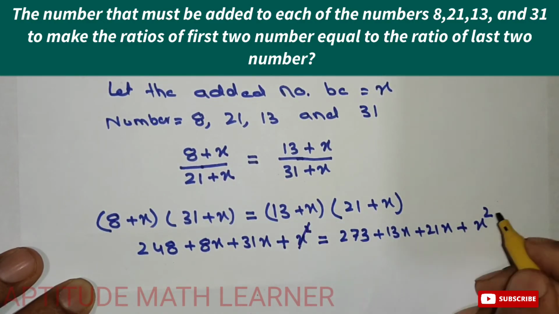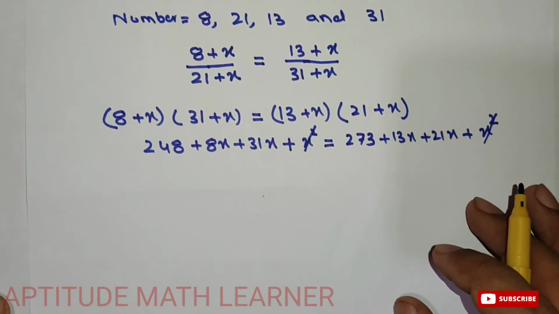So this x square and this x square cancel out with each other.